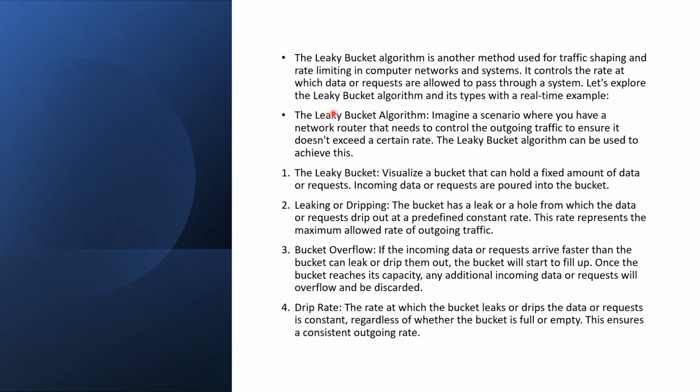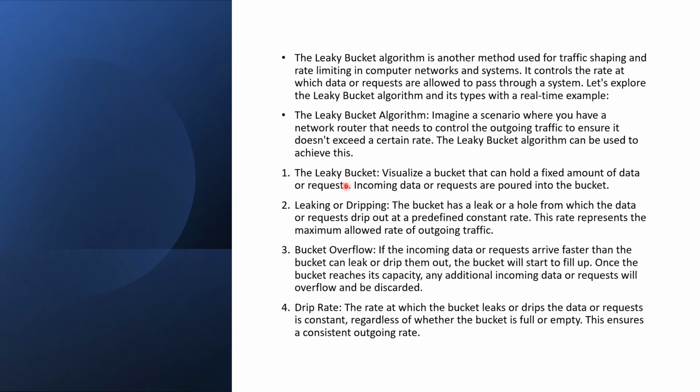Let's explore the leaky bucket algorithm with a real-time example. Imagine a scenario where you have a network router that needs to control outgoing traffic to ensure it doesn't exceed a certain rate. The leaky bucket algorithm can be used to achieve this.